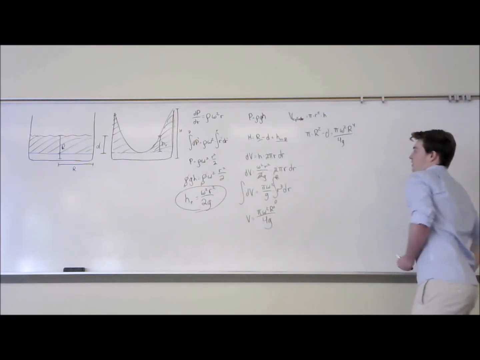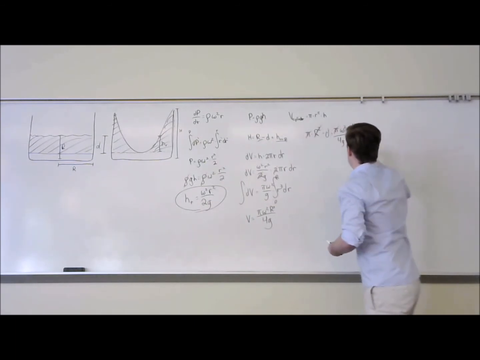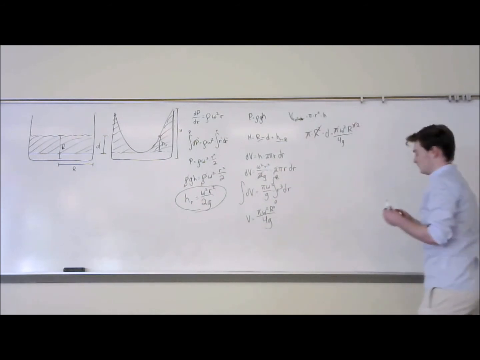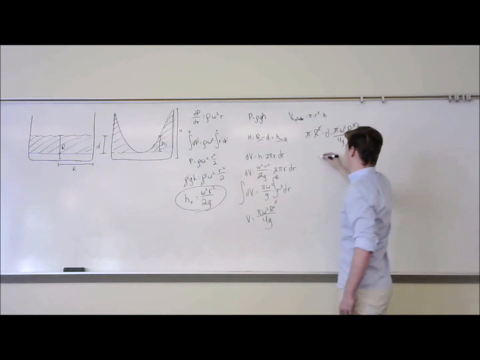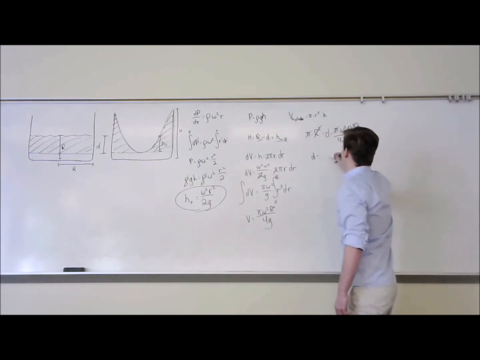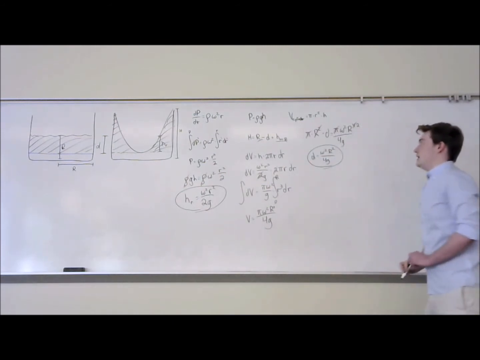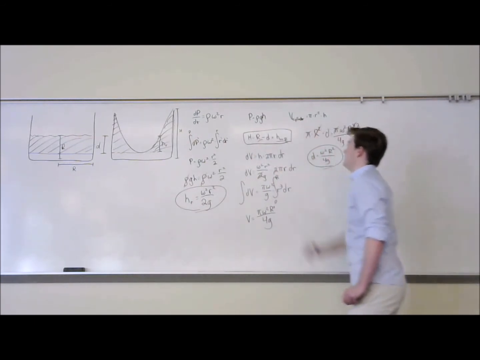Again we have more cancellations: the pi cancels, and the R squared cancels with the R to the fourth, leaving R squared. Now in terms of d, what we wanted to solve for, d equals omega squared big R squared over 4g. And now we have everything that we wanted for this master equation.